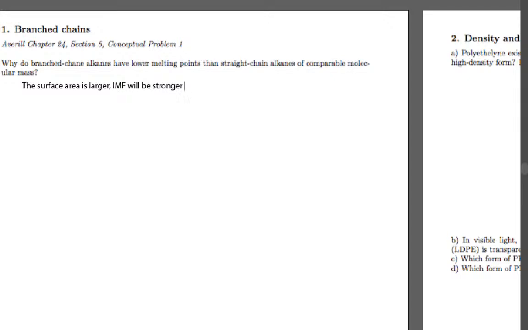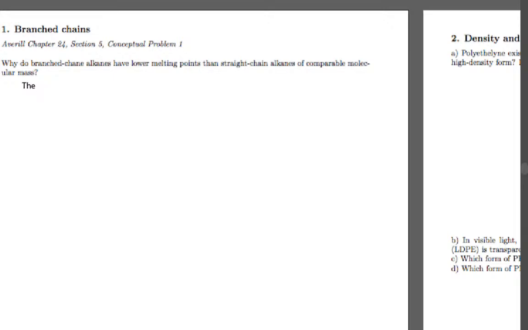Oh yeah, actually that's true. Even though the IMF is stronger, this thing doesn't talk about the surface area.